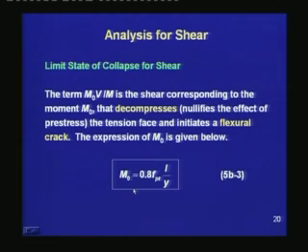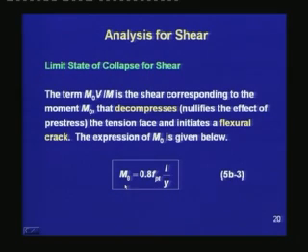This expression is actually 80% of the moment that causes decompression at the level of CGS. To recollect, M0 is the moment corresponding to the decompression of the tension face, which generates the flexural crack, and fpt times I by y is the moment corresponding to the decompression of the concrete at the level of the CGS.